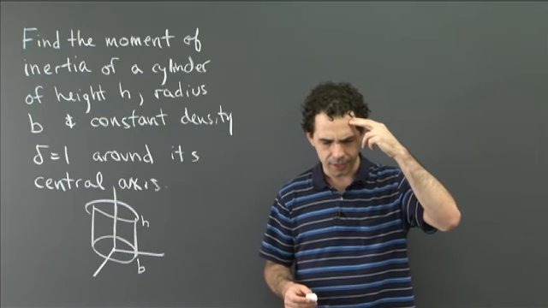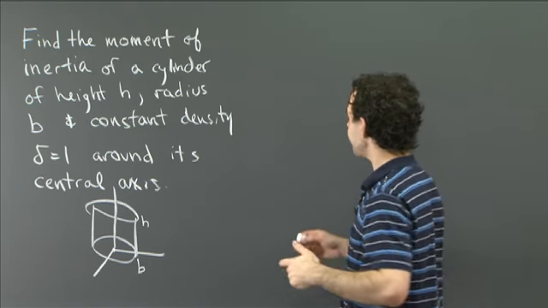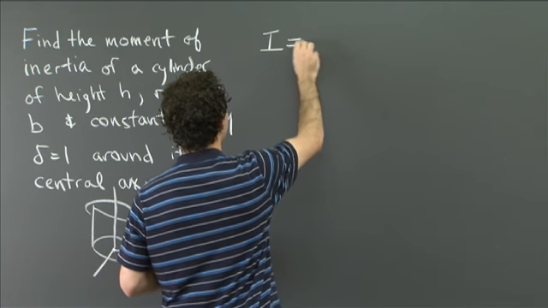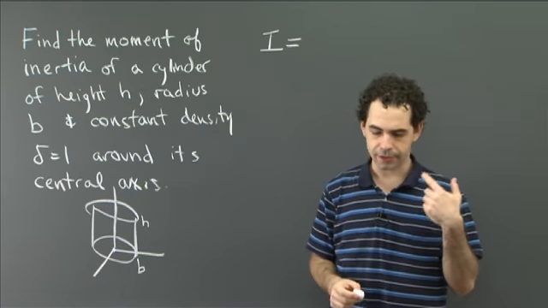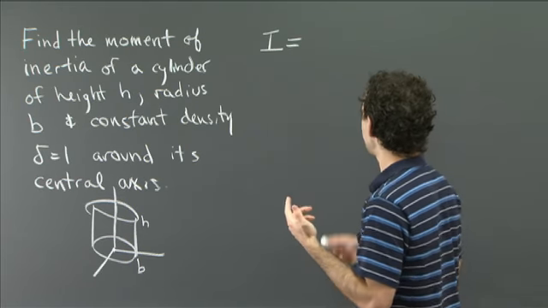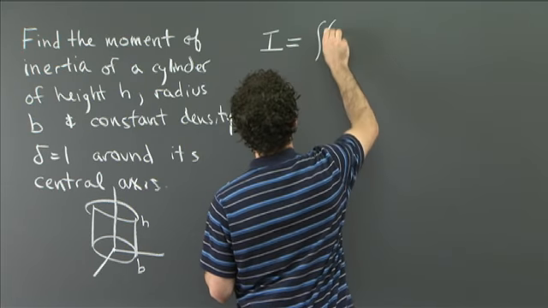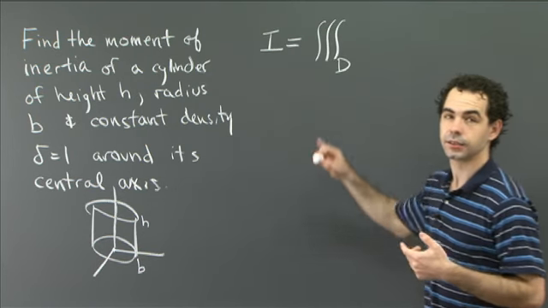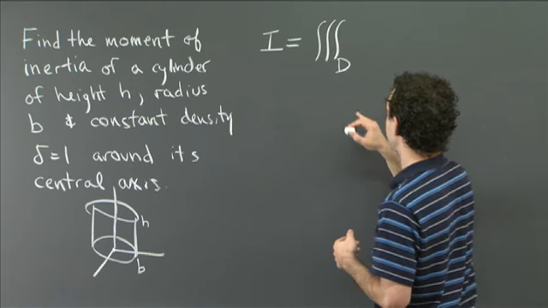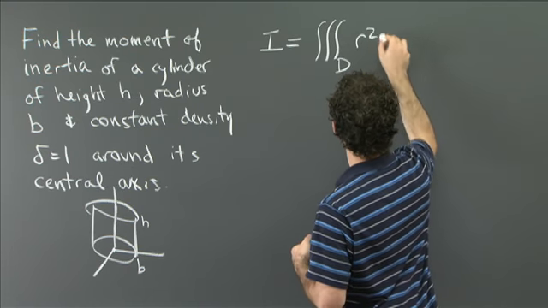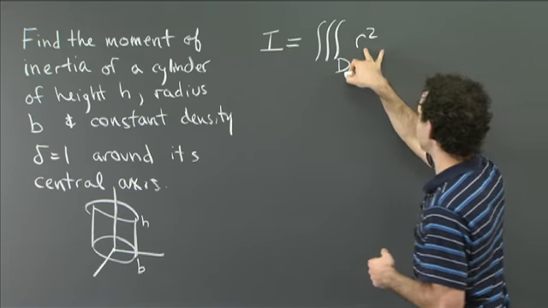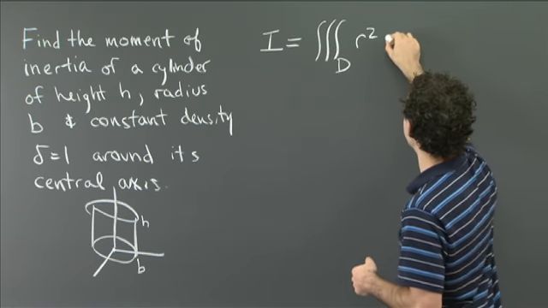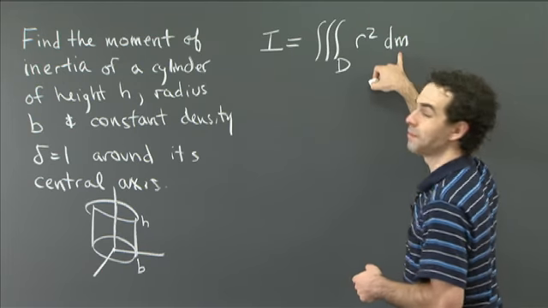So a moment of inertia, when you have a solid, so your moment of inertia I, with respect to an axis, is what you get when you take the triple integral. So let's say your solid is D. You take a triple integral over D, and you're integrating r squared with respect to the element of mass.